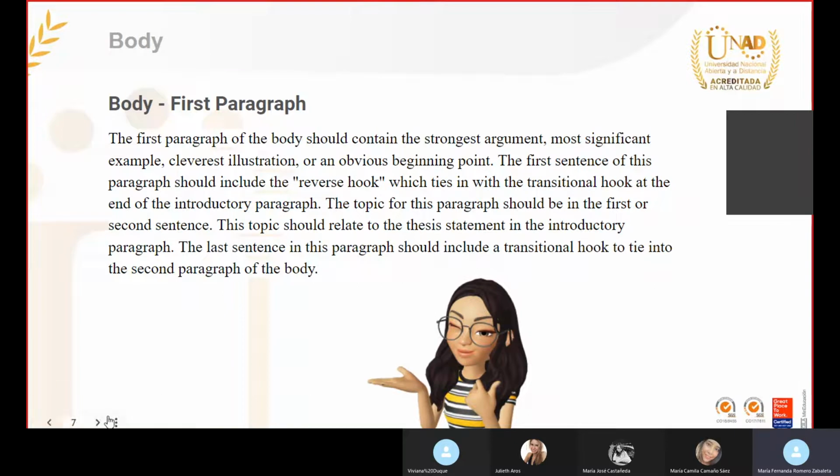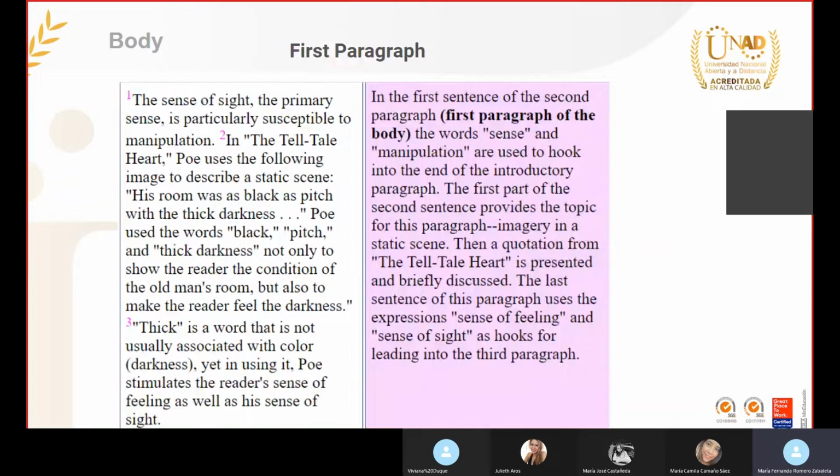So what other sentences could you include here? Your arguments, okay? Before you have stated the topic, and this topic should be related to the thesis statement, you can explain, you can give some ideas to support your statement. Okay, so that is it. Let's look at an example of how we can do that.